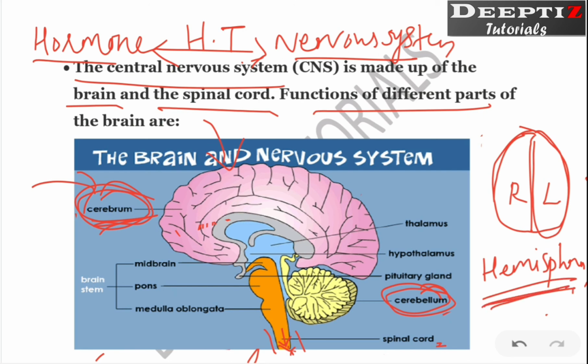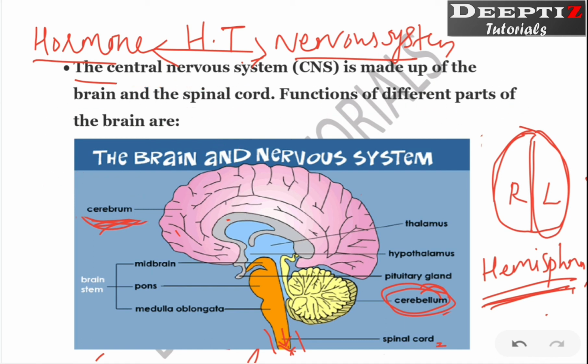Now one term I am writing here, you can note down in your notebook: corpus callosum. Please don't forget this name. What is corpus callosum? Corpus callosum is the connection between the two hemispheres of the cerebrum. This is the side view, from either ear side.